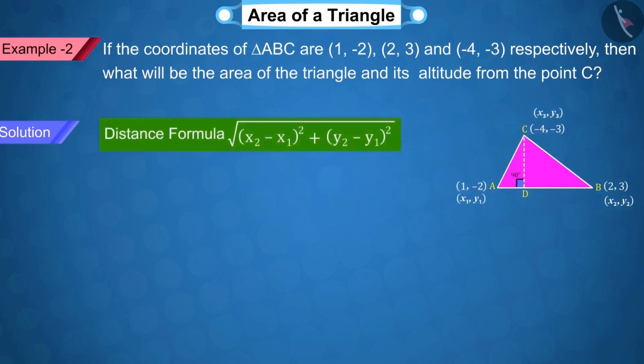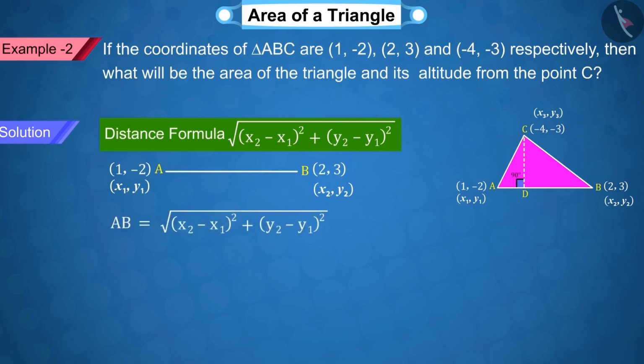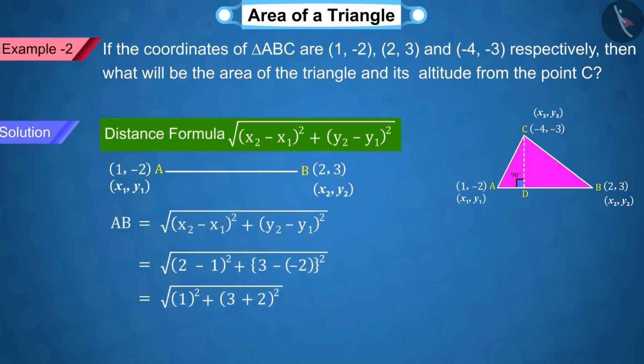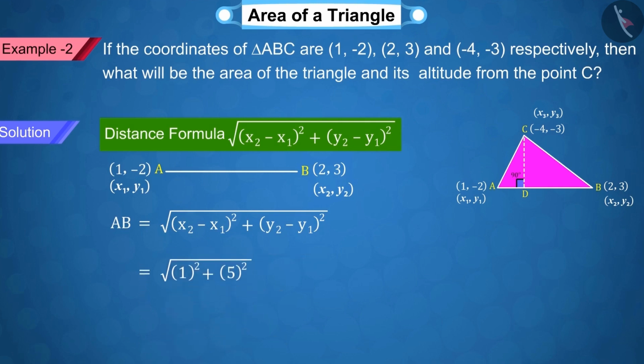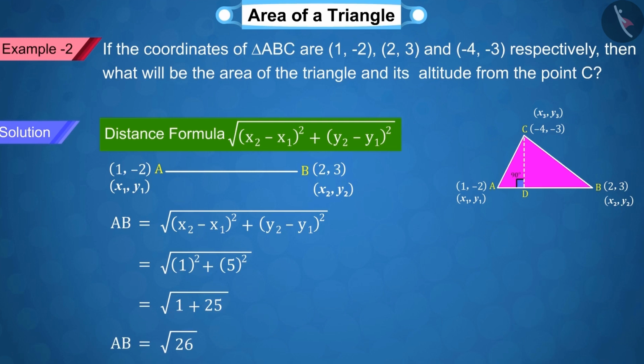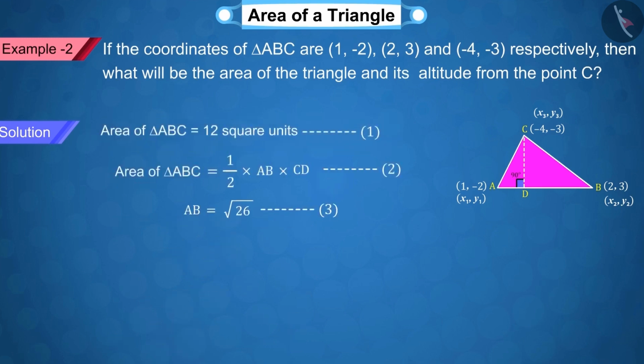With the help of the distance formula, the value of AB is obtained as square root of 26, which is represented by equation 3.